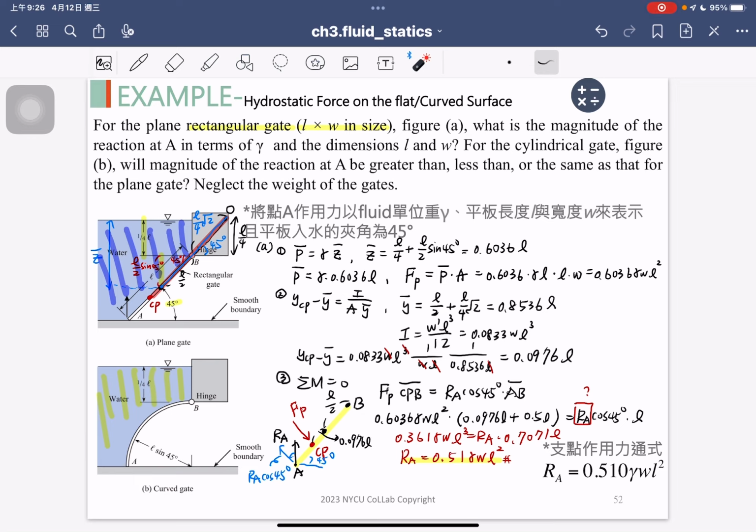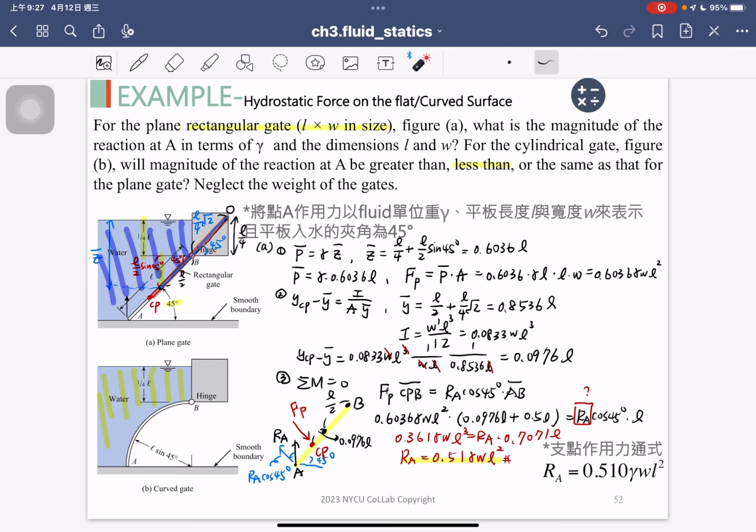So that means the reaction force required to open the gate should be less than the top case. Okay? So I will say the answer is less than for the bottom case, because the fluid weight above the curvature is smaller than the top one. The blue region at the top is quite a bit larger than the yellow region shown here.